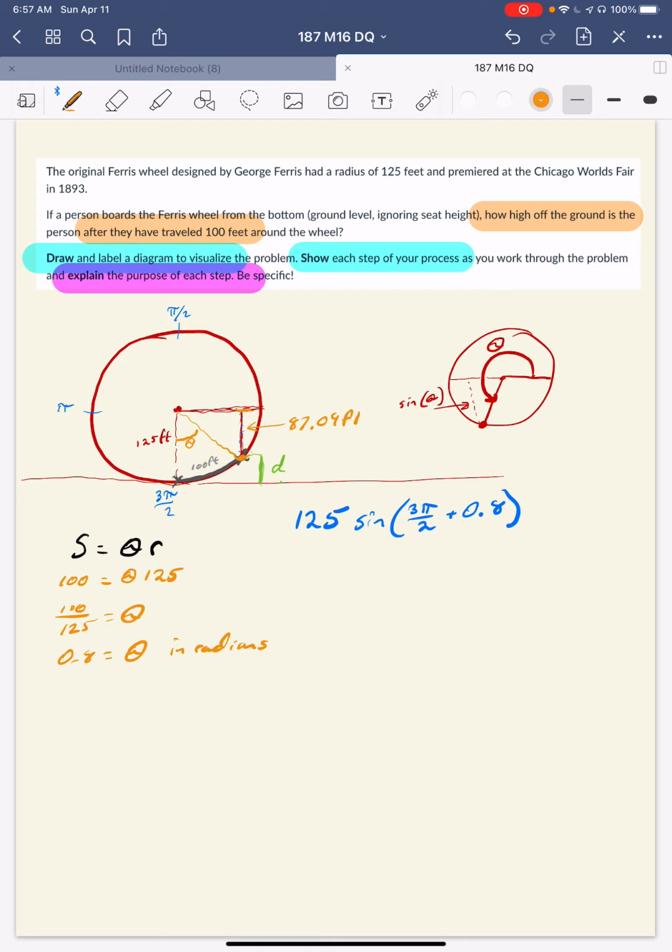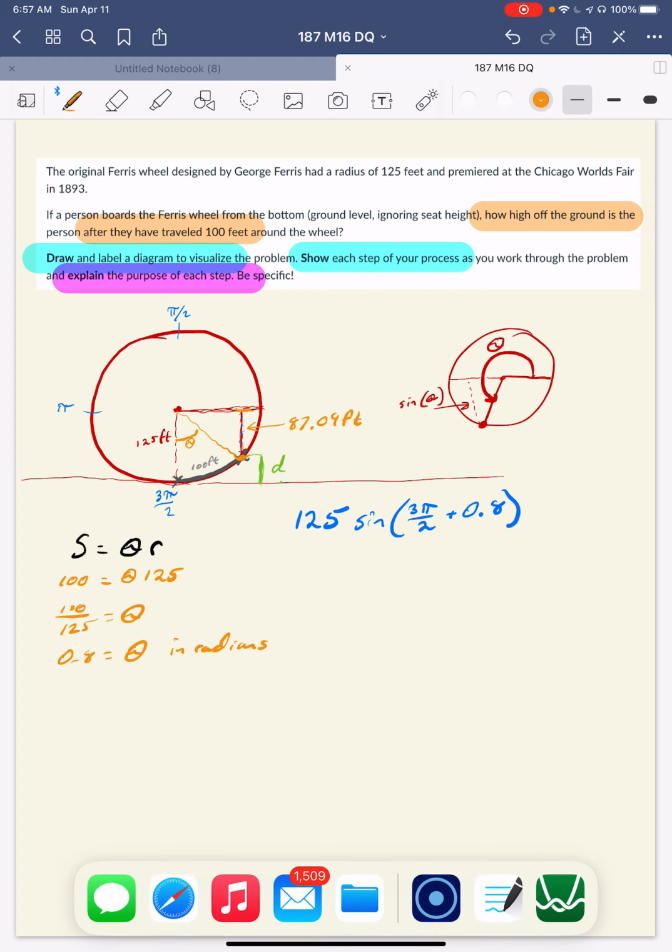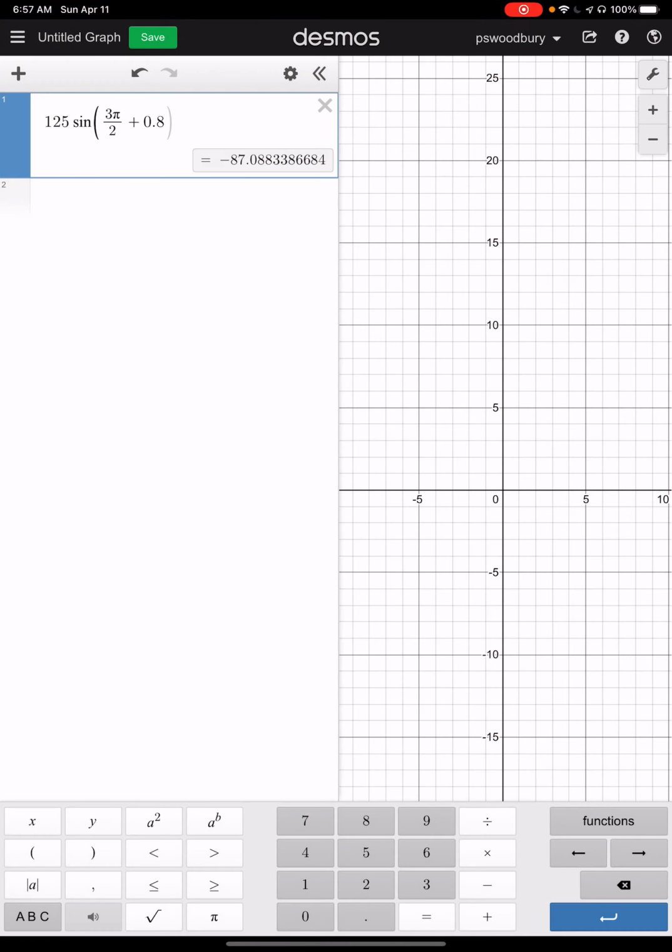87.09 feet. Okay. Now, some of you are saying at this point, oh, I did all that and I got a different answer. How come I got a different answer than that? And it could be because right over here in Desmos, you have to tell your calculator, whether you're on your TI or on Desmos, if you are working in radian mode or in degree mode.